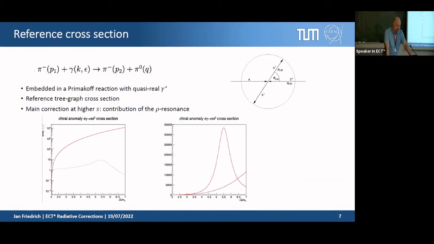So how does this cross-section look for the embedded process? Pion photon goes to pi minus pi 0. It is depicted here.